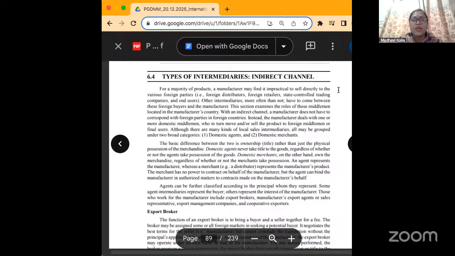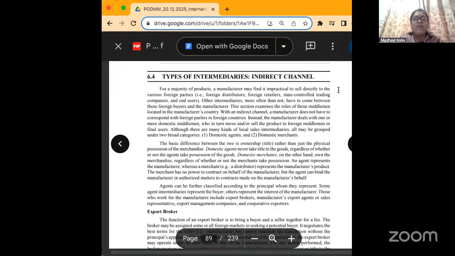We have talked about foreign distributors, foreign retailers, state controlled companies, and end users, four of them. So there can also be other intermediaries who come between foreign buyers and the manufacturer. So what is the role of these intermediaries or middlemen that we are looking at?